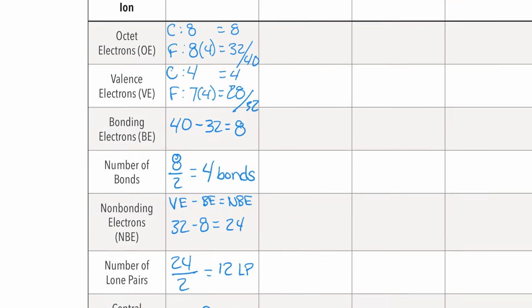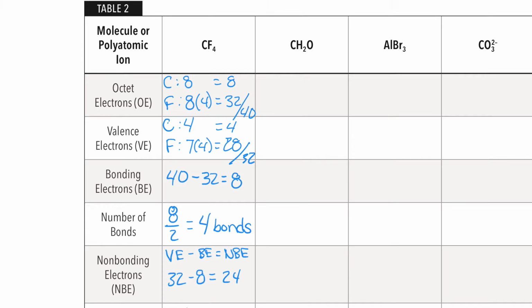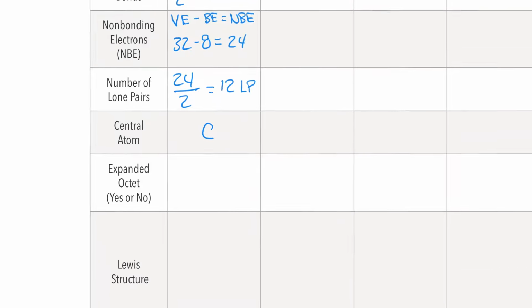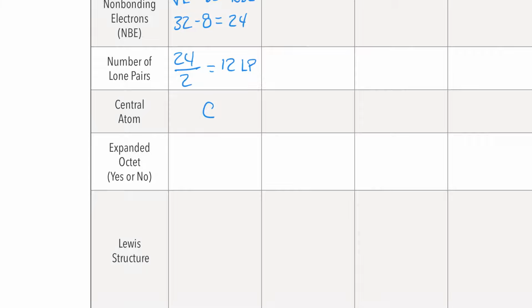We have 4 bonds in this, and carbon is going to have 4 fluorines attached to it. Because we have 4 bonds and 4 fluorines, they match up, so it's a regular octet, not an expanded octet.